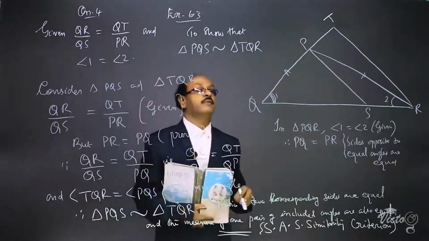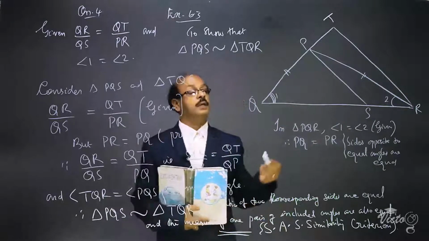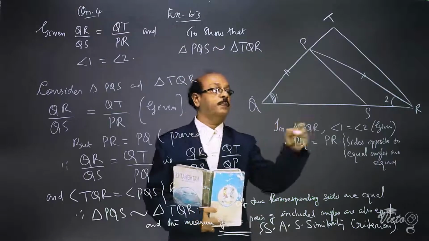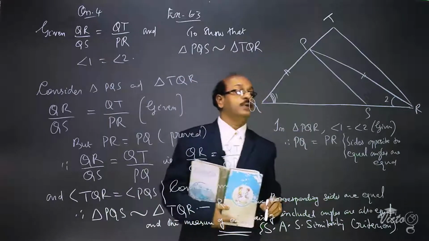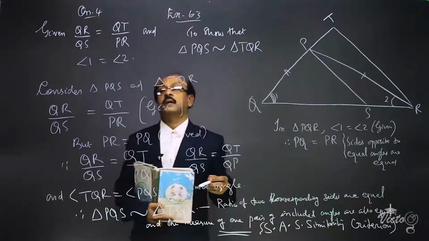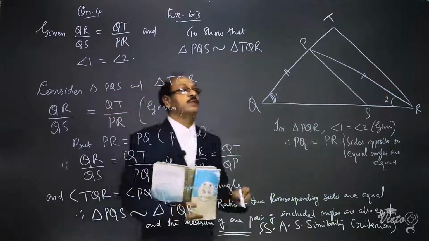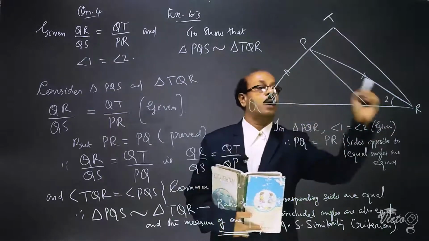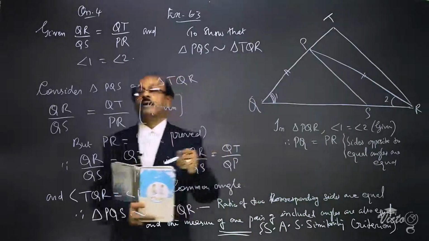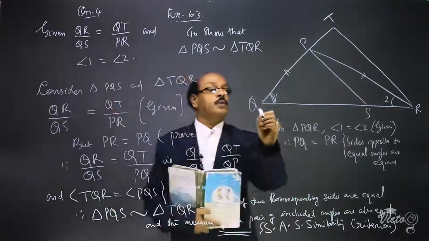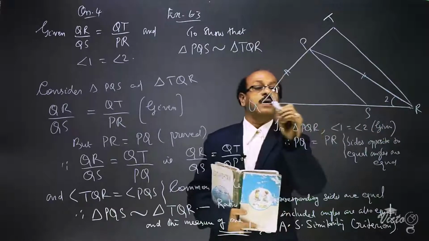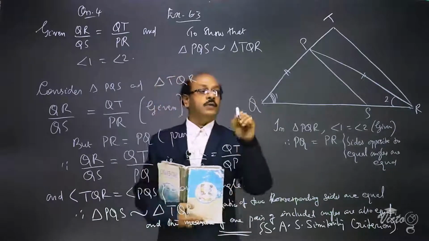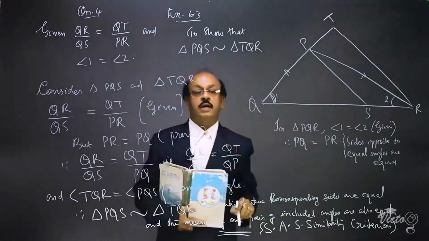In the question, it is given that angle 1 and angle 2 are equal. From that result, we get PQ is equal to PR. Reason is sides opposite to equal angles are equal. Now we are considering triangle PQS and TQR. It is given that QR by QS is equal to QT by PR. QR is the side of the larger triangle and QS is the corresponding side of the smaller triangle.